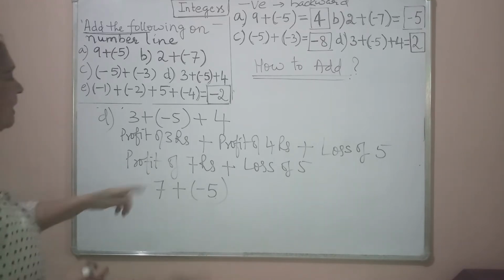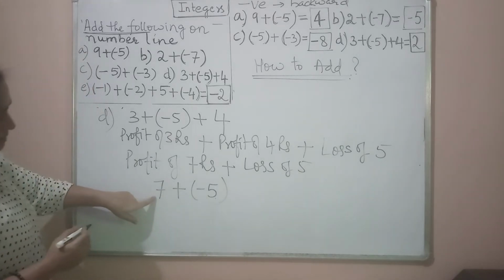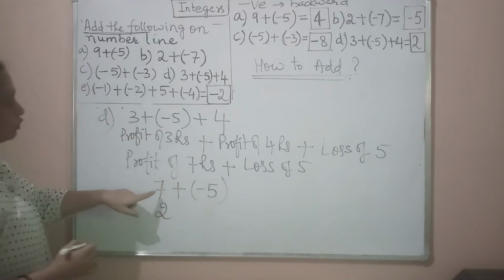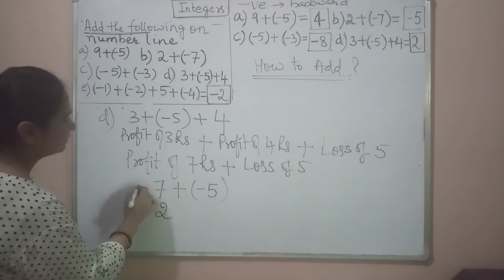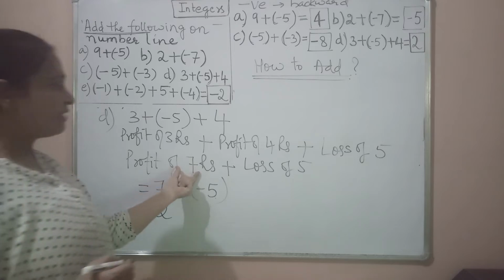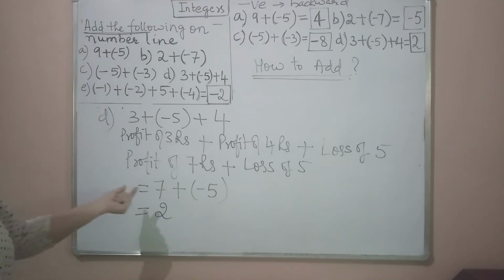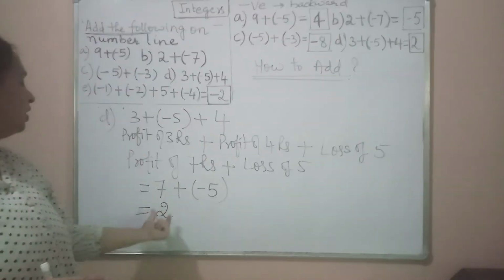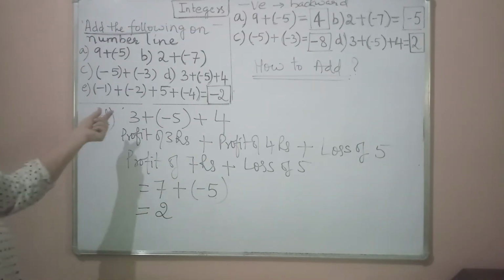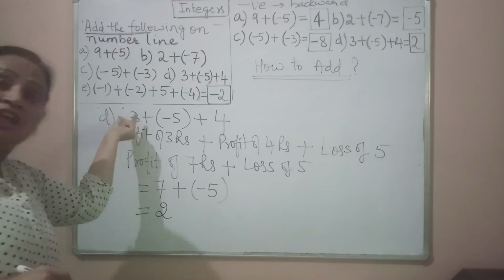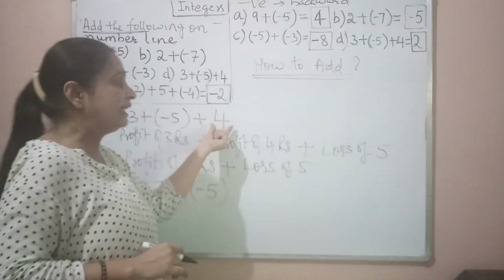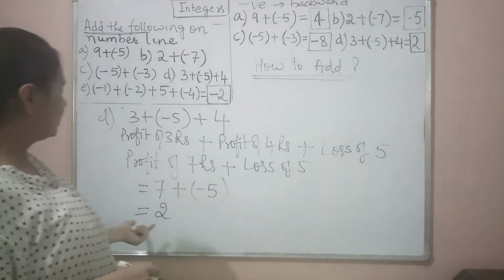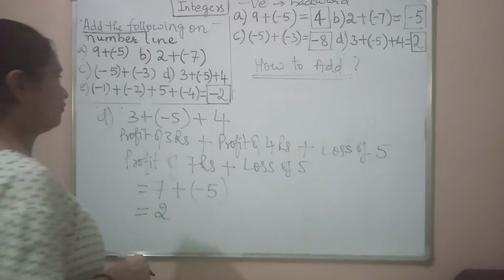Again, he is getting more profit than loss. Obviously, the profit is 2 rupees. Overall, this will be a plus sign, right? Profit of 7 rupees, loss of 5 rupees means he is still in profit. So in 3 days he only made a profit of 2 rupees. Although he earned 3 rupees profit and 4 rupees profit, one day he lost 5 rupees, so overall it only became 2 rupees profit, right?